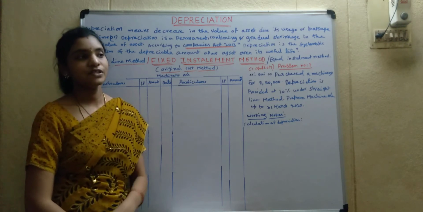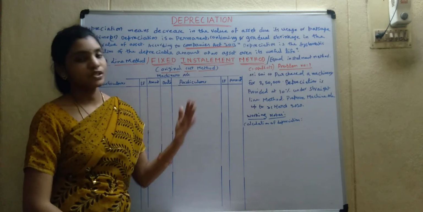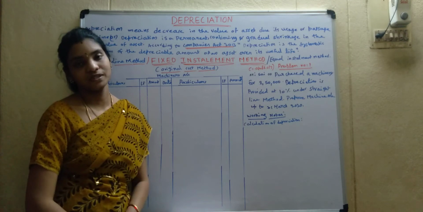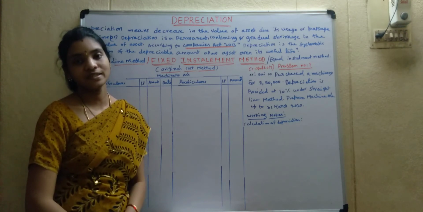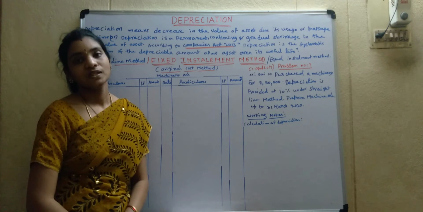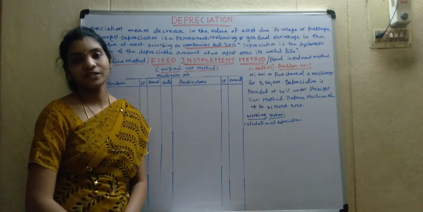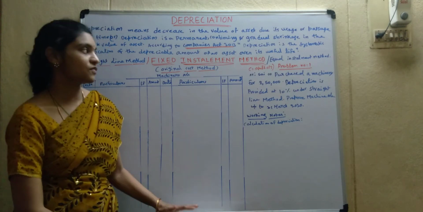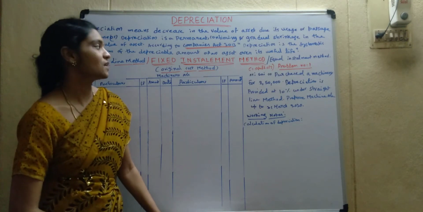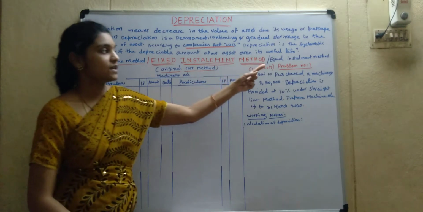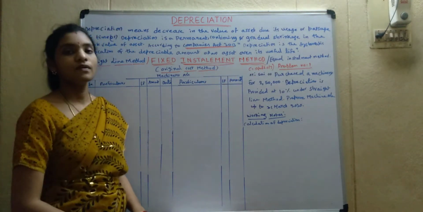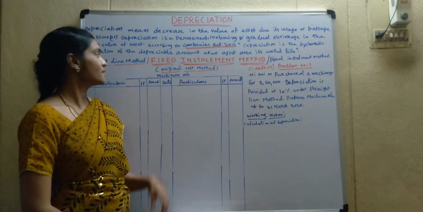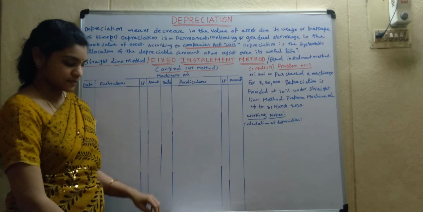We don't change the depreciation year after year. Every year we charge a fixed amount of depreciation. It doesn't change year after year. That's why we say equal installment method and straight line method.